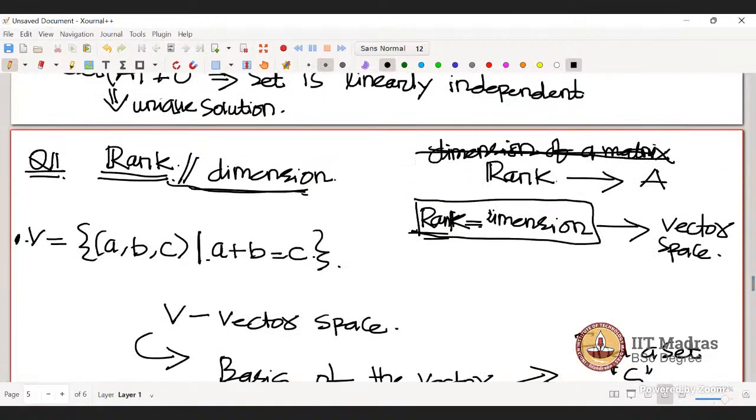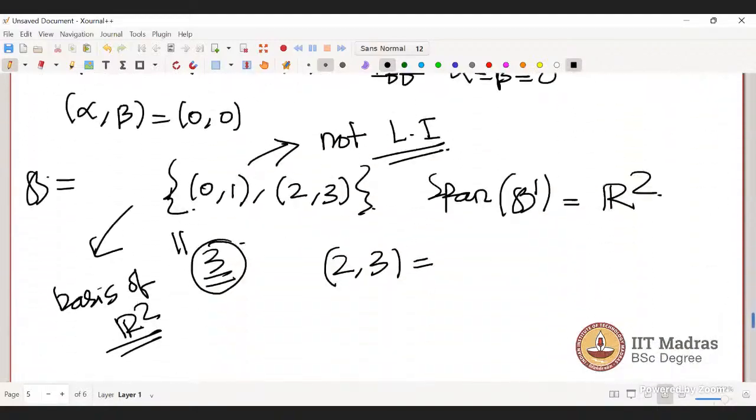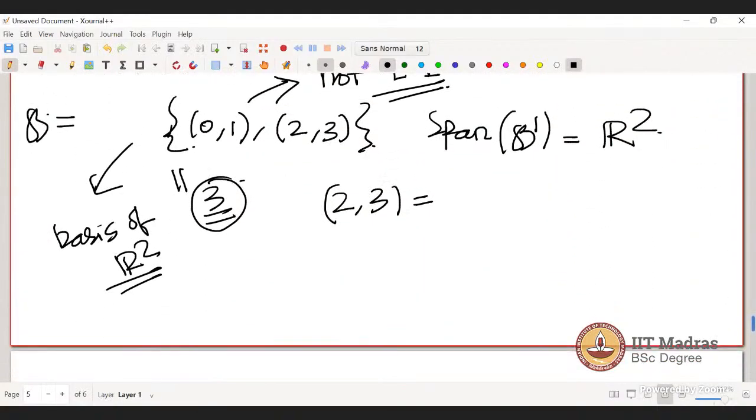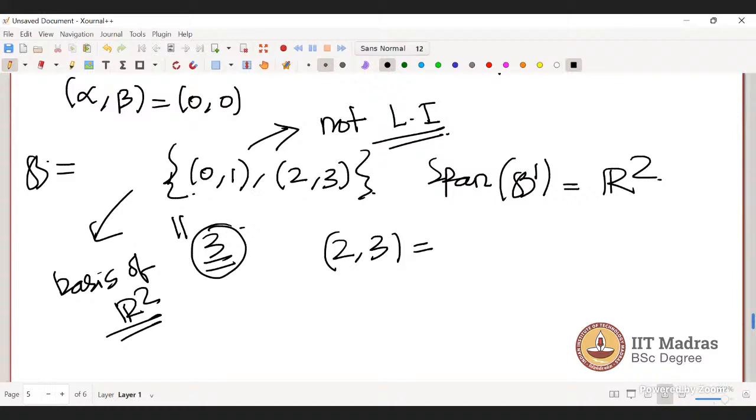So the next question is this: suppose you have two vectors, 0 1 and 2 3.